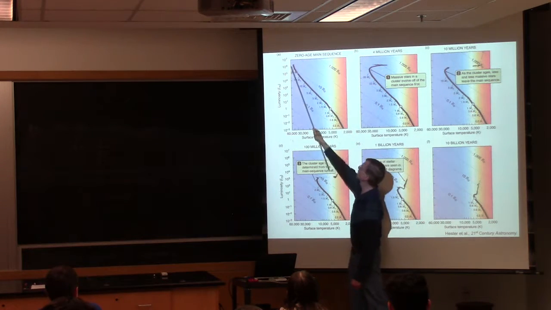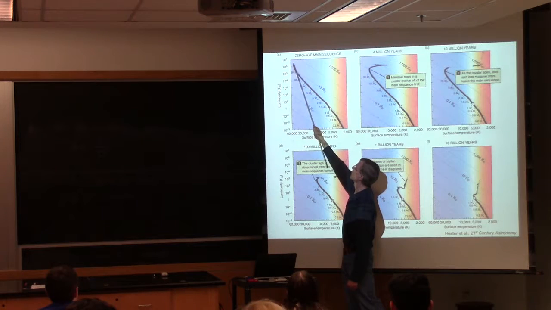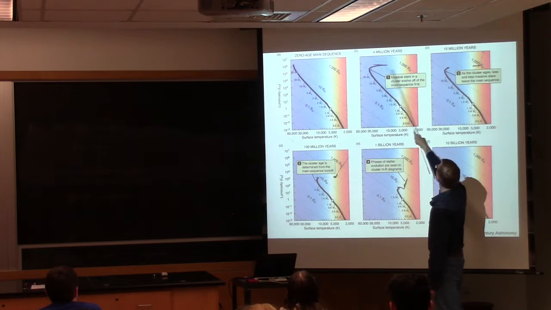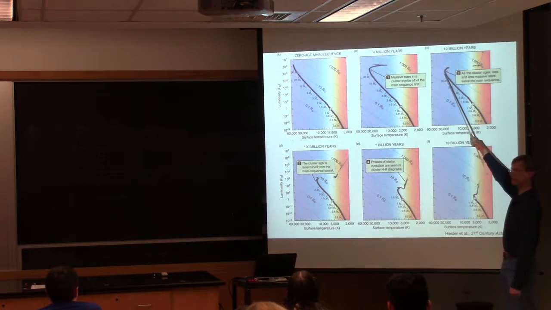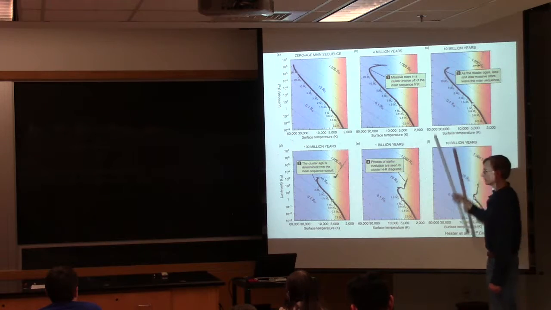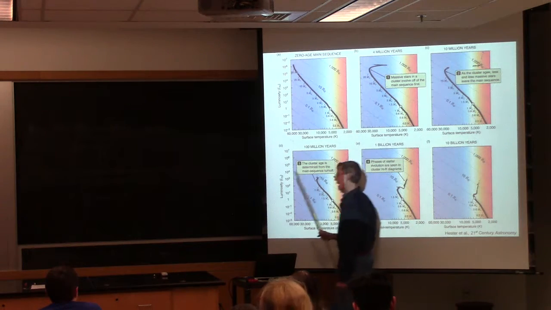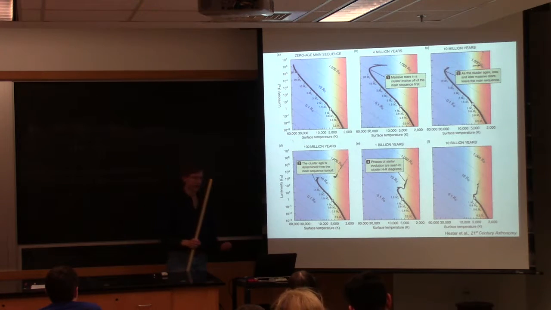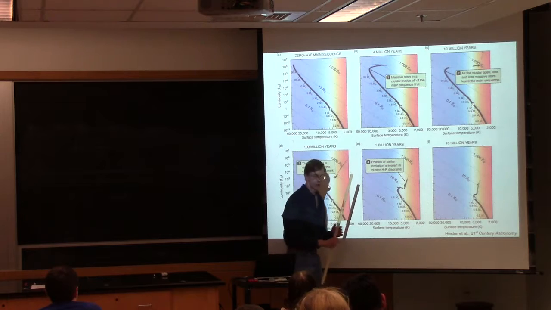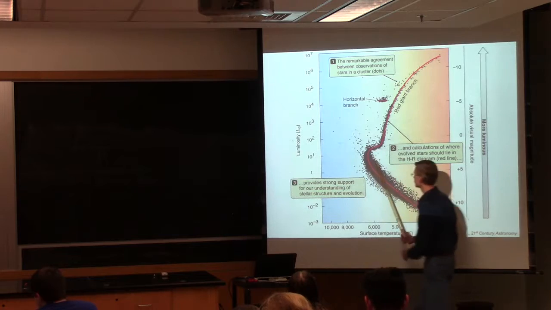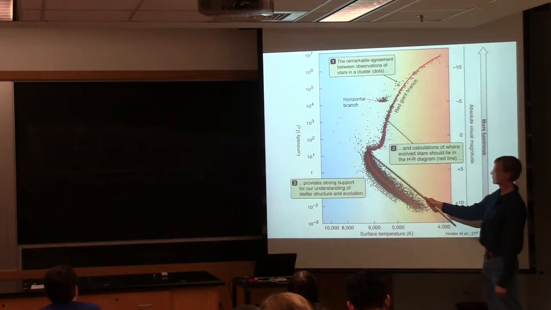But at least the entire upper main sequence will be there for a very young cluster. But as the cluster ages, more and more of the high mass stars leave the main sequence because high mass stars don't spend as long on the main sequence. They burn through their fuel quicker. And computer models tell us how long stars of a given spectral type and associated mass spend on the main sequence. And so what we can do is look at the HR diagram for a cluster. We can figure out where the turnoff point is.